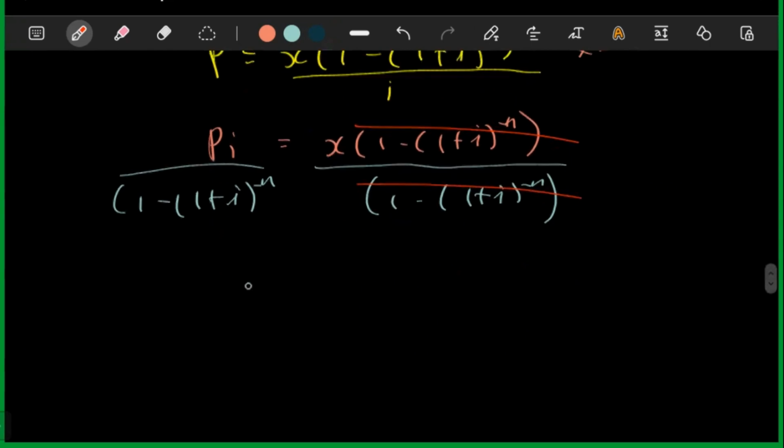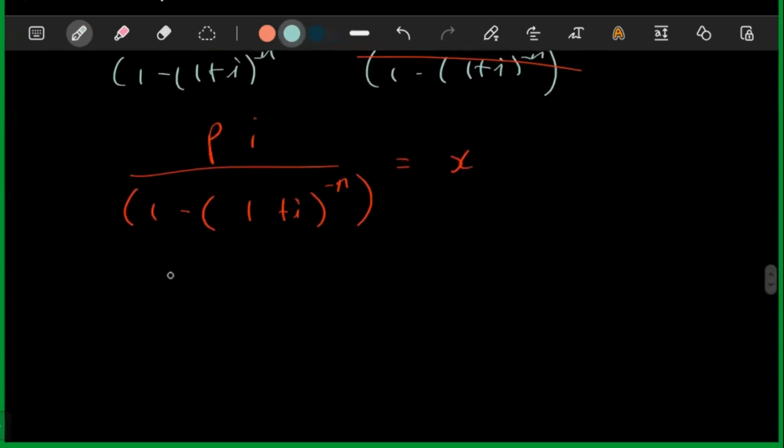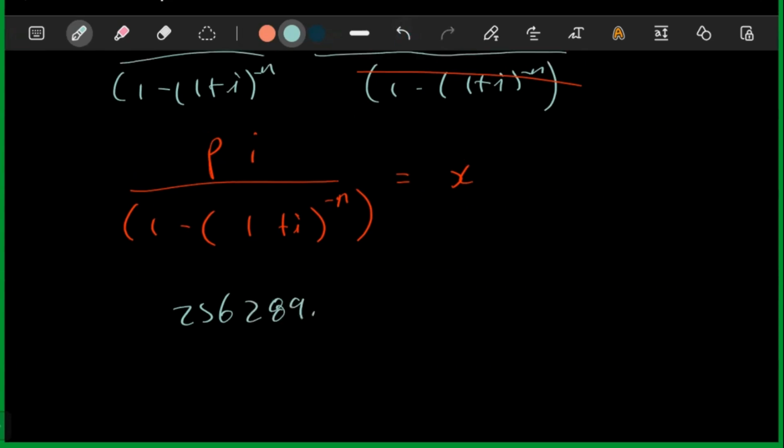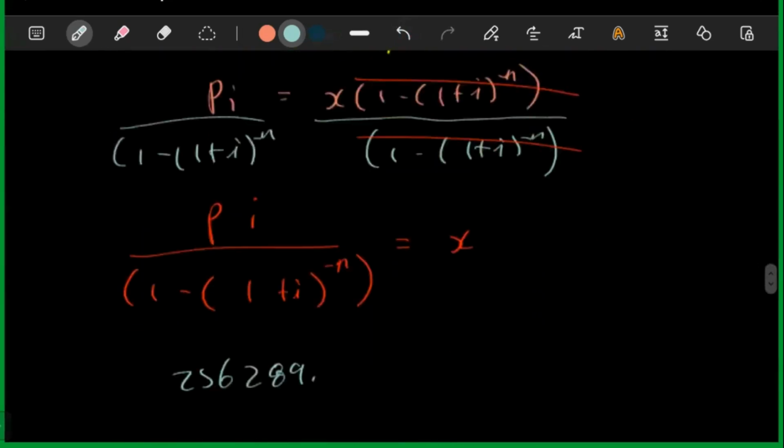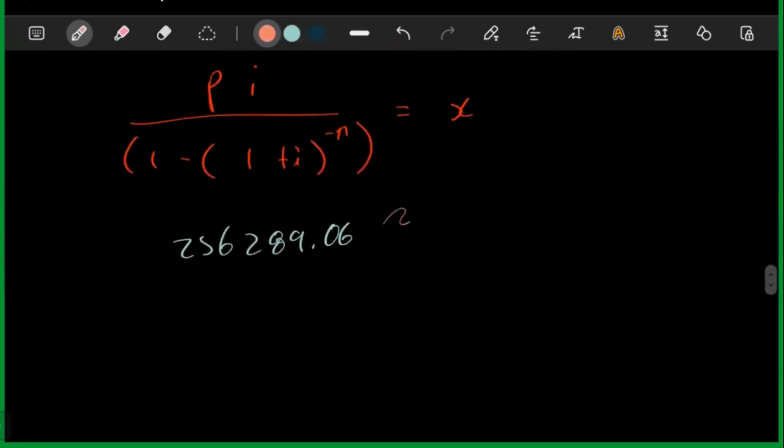Making x the subject of the formula is what we just did. x is going to be equal to whatever is here after you put in the necessary numbers. As we said, the loan is 256,289.06, and our interest is 15% per annum compounded monthly.